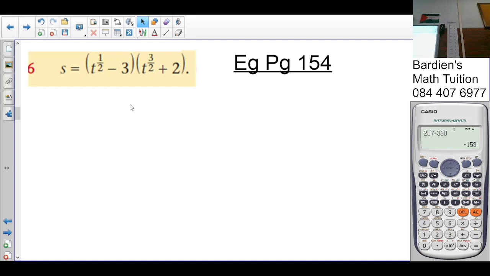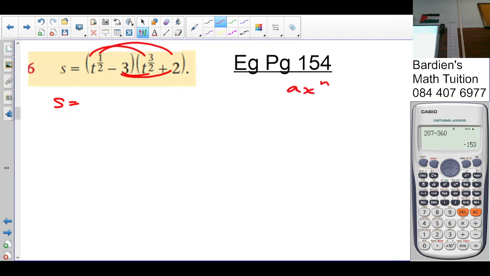Alright, so what do we get? S is equal to, we must multiply this out. We must first get it in the form of ax to the exponent n. Okay, I must get it in simplified form.